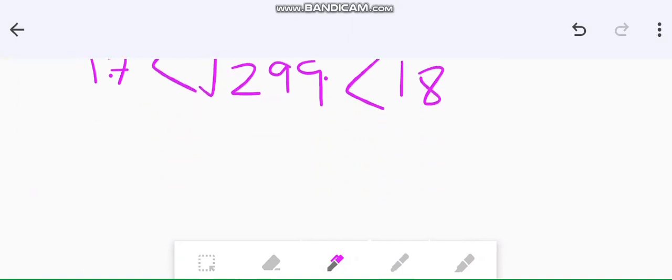Now all the primes again, starting from the first, till 18. So it's starting from 2, 3 and so on up till 13 and 17. Now see the first prime divisor of 299.